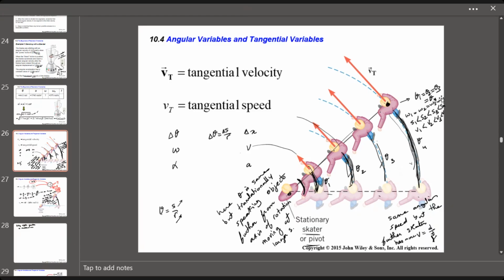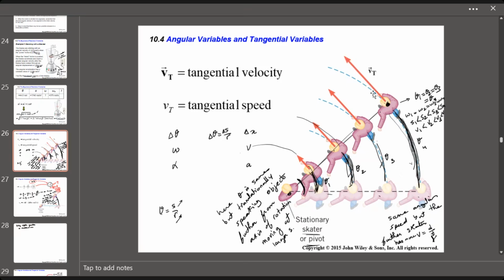Although omega is the same, theta is the same, the angular quantities are the same, the linear quantities are not going to be the same, namely because the fourth skater covers a larger distance and they are all moving together, so the time is the same, then the speeds are going to be higher for the one that is furthest. The further skater has to move at a larger speed.